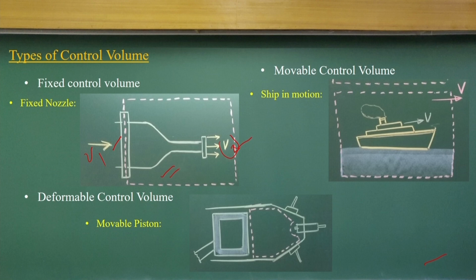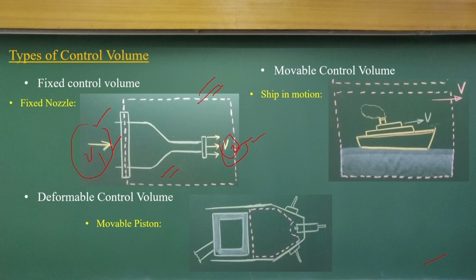There will be a change in energy and a change in the momentum flux, and that will give a force on this system. So, to find out the force acting on this system and the energy losses, we can use a fixed control volume having an influx of velocity V1 and an outflux of velocity V2.